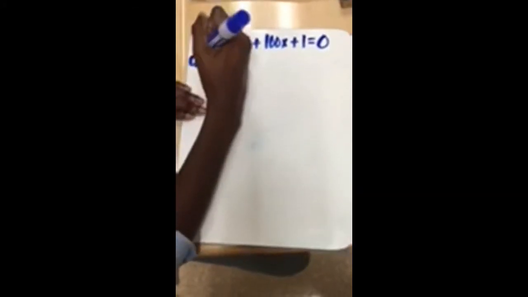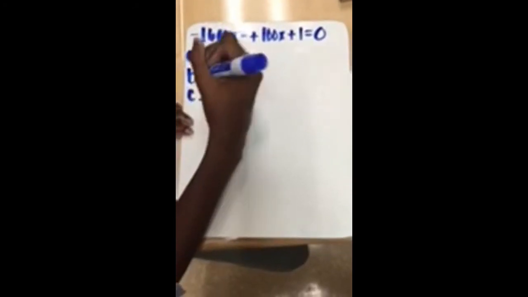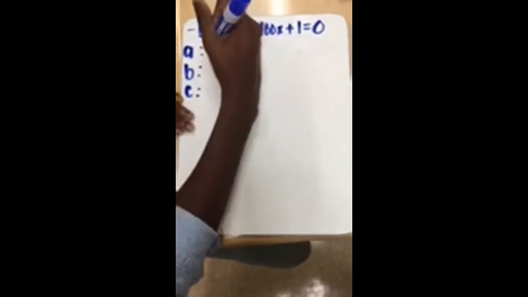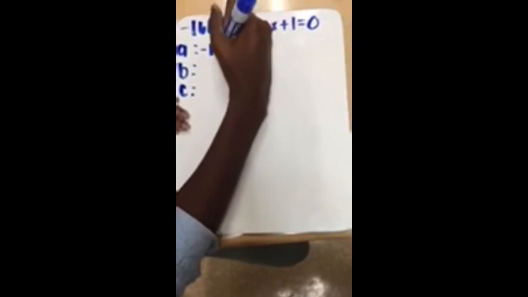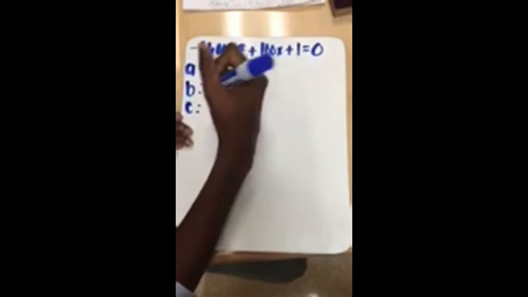We have to find our A, our B, and our C. Our A is negative 1,600, our B is 100, and our C is 1.